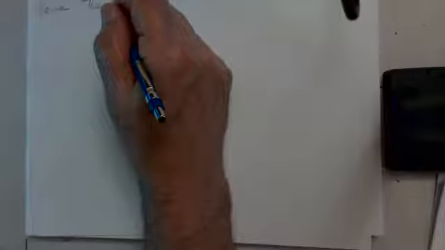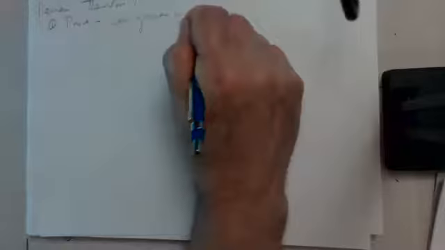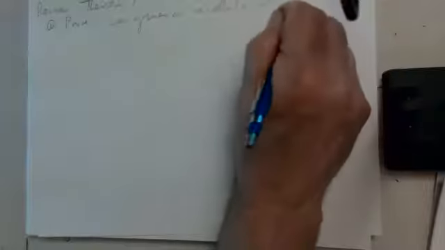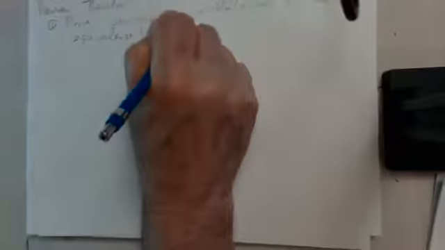So Theorem 9 says that congruence is an equivalence relation. So the first part is to prove the relation of congruence modulo M is an equivalence relation.